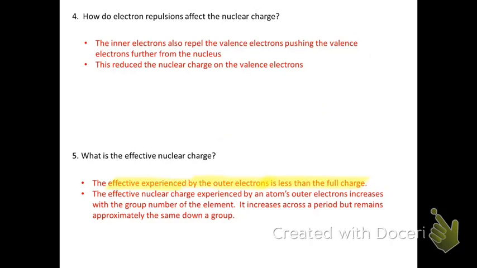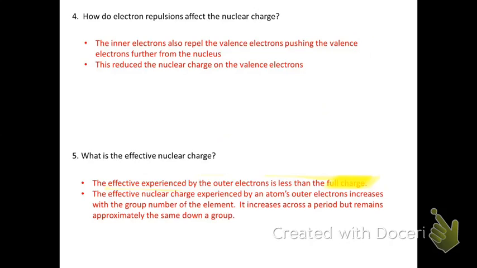Because of shielding and repelling, the nucleus cannot attract the valence electrons with a full charge. Maybe that's what you really should write down, the full charge. With the shielding and the repulsion, the valence electrons cannot receive a full attractive charge from the nucleus.